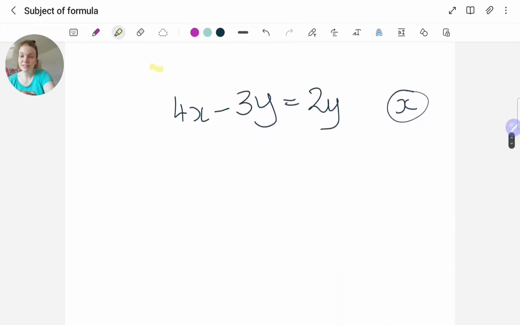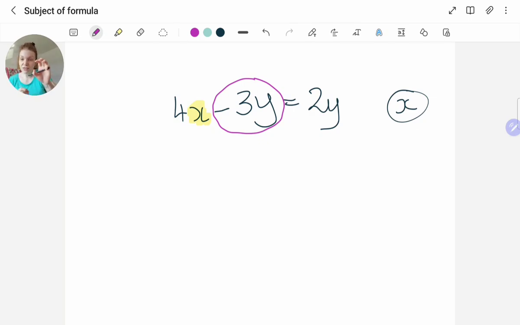Let's try this one. This one is going to involve two-step equations. So we want to make x the subject of the formula. Now, it's really important that we always move this part first. So the letter and the number are joined together, so they're being multiplied, okay? So when they're mushed together, they're multiplied. The minus 3y, or even if it had been plus 3y, we deal with it separately, okay?